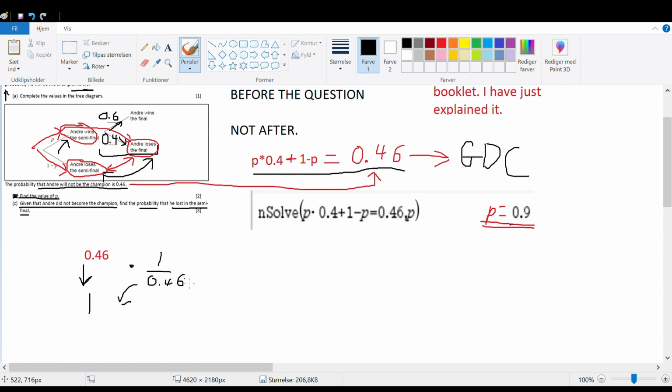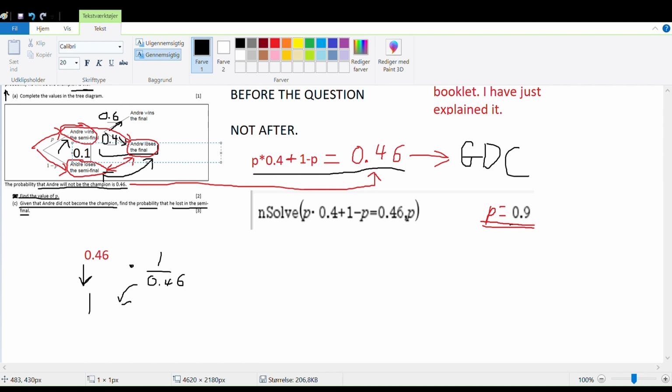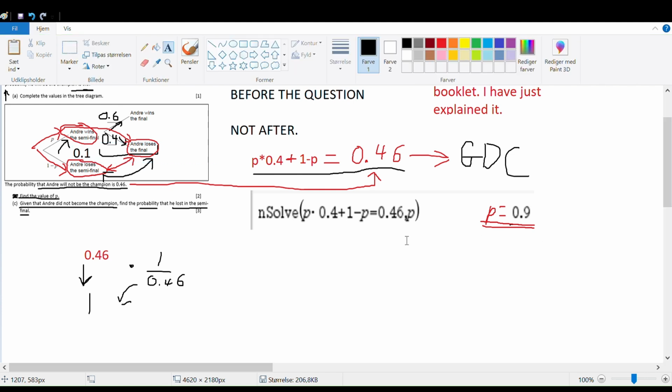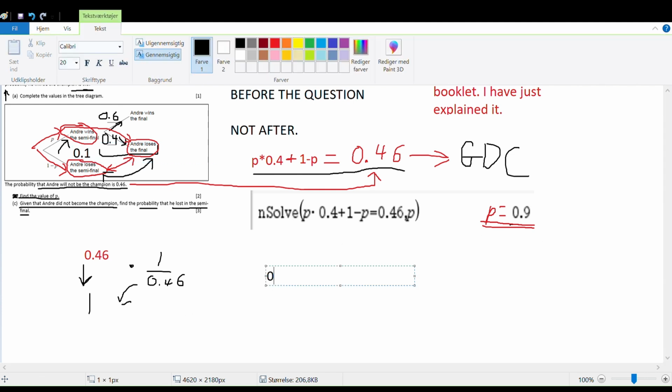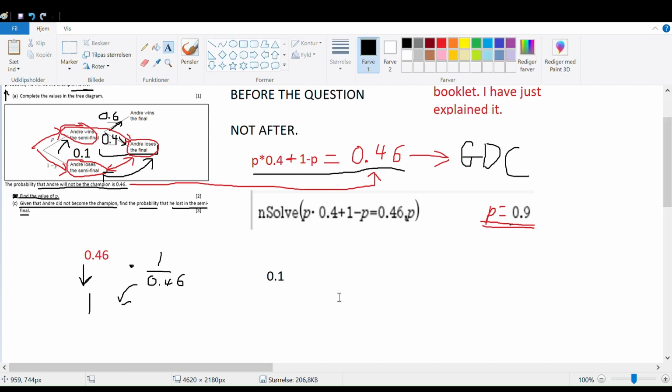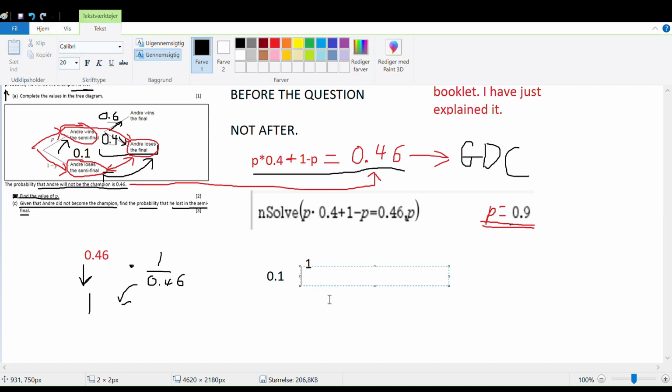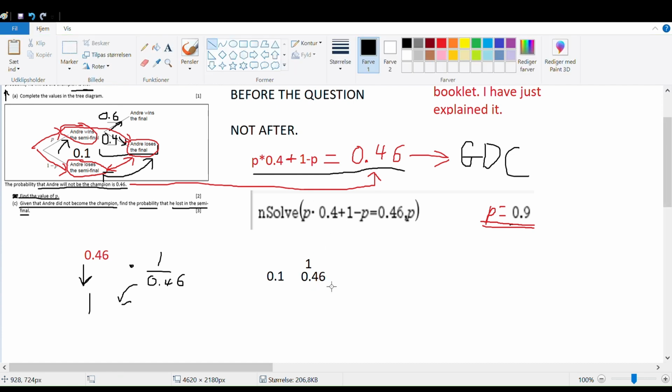That's our system. We're going to do the same thing to the probability that this had before we rescaled it. Right now, this has a probability of 1 minus P, or 0.1, if you remember what P is over here. So we're going to take 0.1 and multiply it by 1 over 0.46. Let me draw the line.